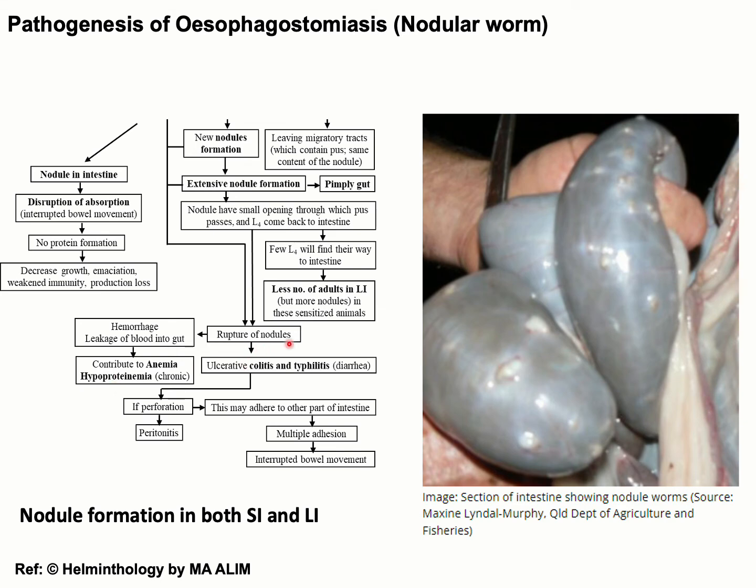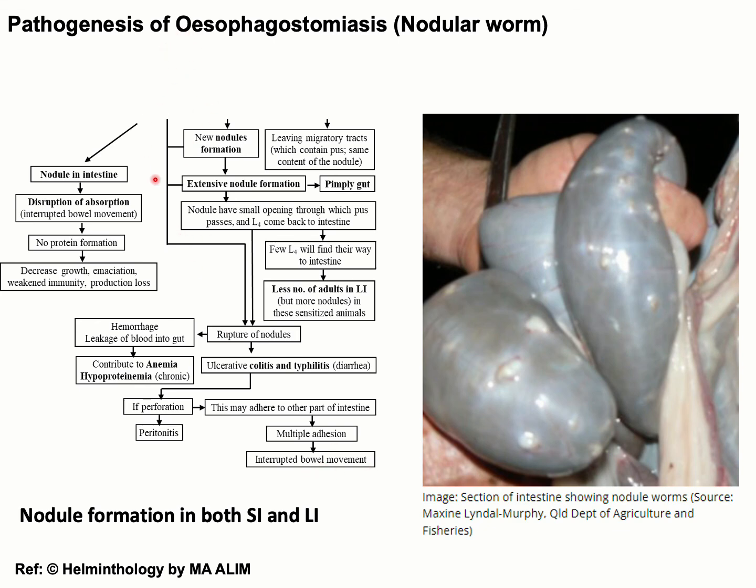And due to the rupture of the nodule, there will be ulcerative colitis and typhlitis, and if this condition doesn't heal, there is a chance of perforation of the intestinal wall leading to peritonitis, and ultimately the animal will die. And if there is perforation, there may be adherence to the other part of the intestine, and there will be a lot of multiple adhesions, and this will lead to interrupted bowel movement.